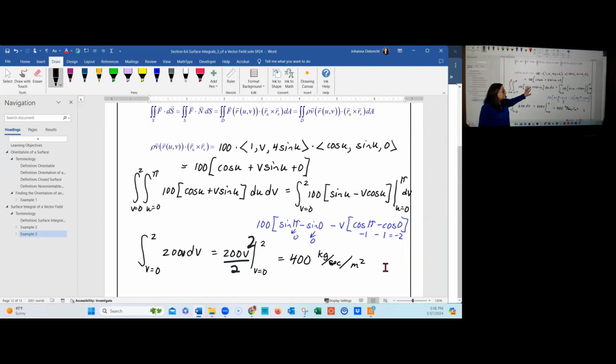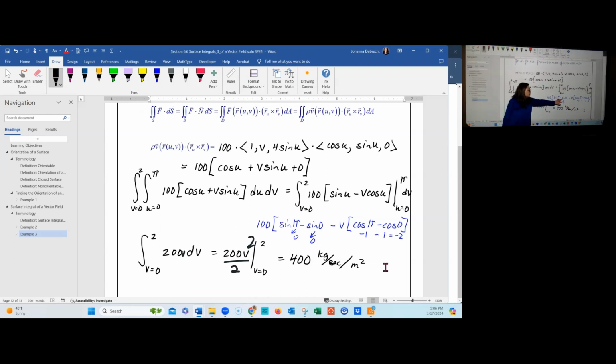The integral of cosine u gives me sine of u, and the integral of v sine u gives me negative v cosine u, where v is simply a constant as far as u is concerned. Then I evaluate between u equals 0 and pi, leaving the 100 on the outside as a constant factor.